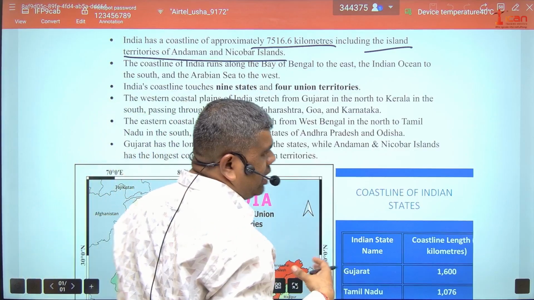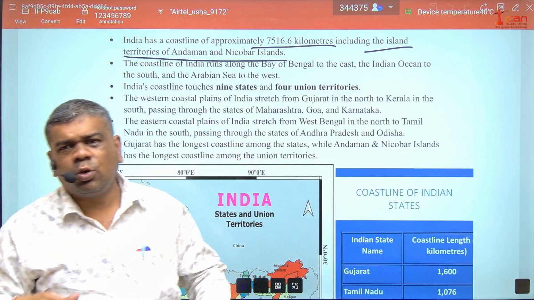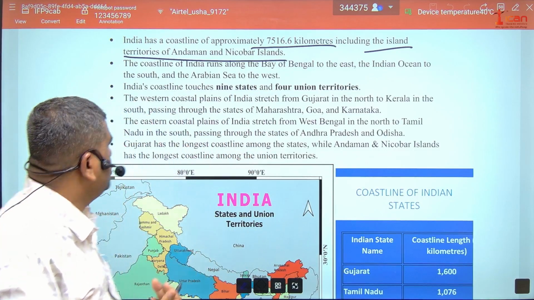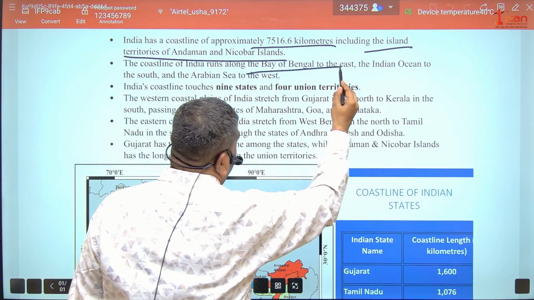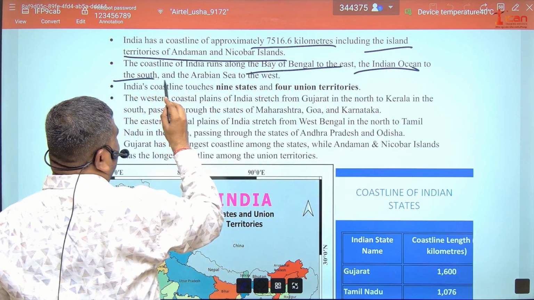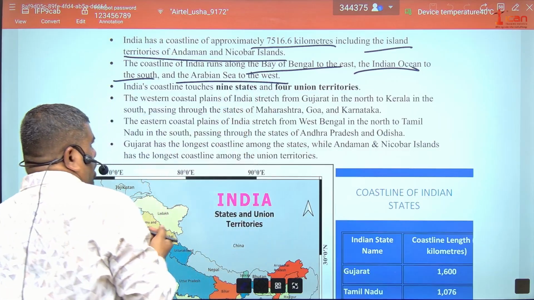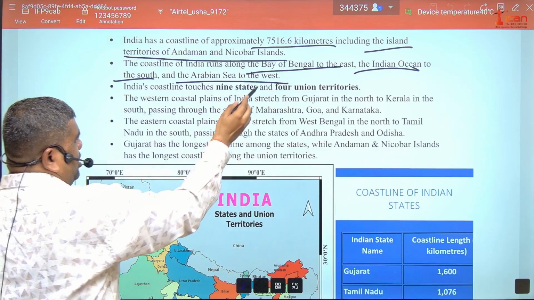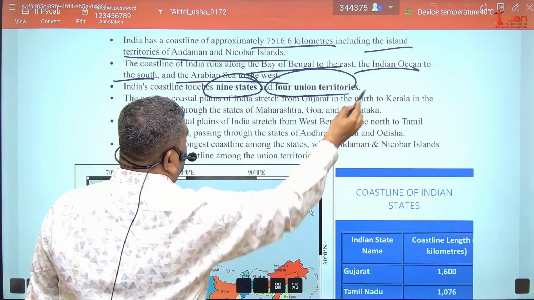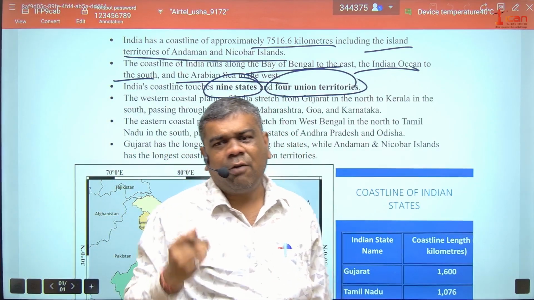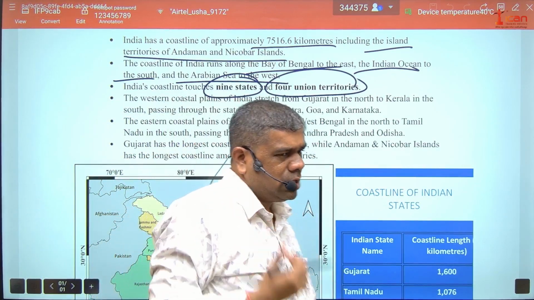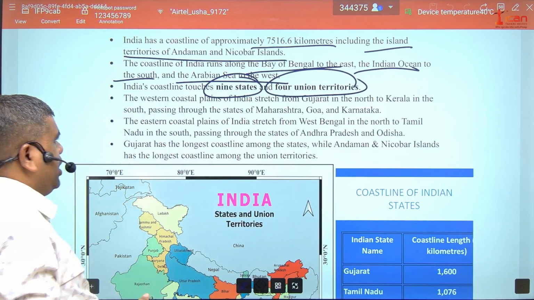So all the island territories, depending on the coastline of those areas as well, we have calculated this coastline. And what do we have? We have the Bay of Bengal to the east, the Indian Ocean to the south, and the Arabian Sea to the west. Now what happens is, India's coastline touches 9 states and 4 union territories. So 9 states and 4 union territories have a coastline. They have a coastline, so they have direct access to the sea, right?